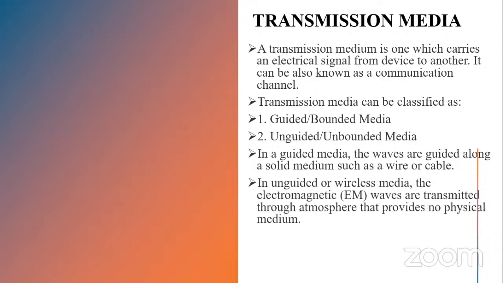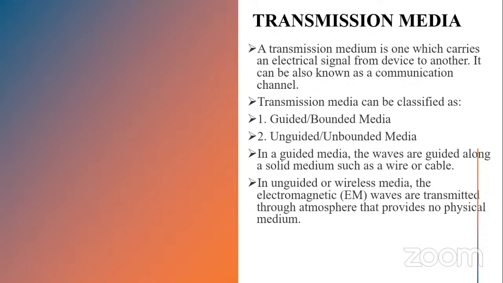Whereas unguided medium is our wireless medium. The electromagnetic waves are transmitted through the atmosphere that provides no physical medium. So it is as simple as that. Guided media means a wire or cable should be there between the source and the destination. And unguided media means there is no particular dedicated link, no physical medium, no physical link.